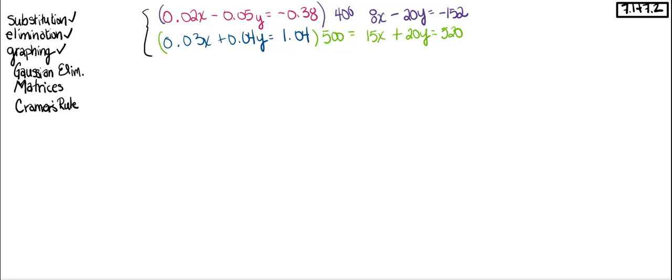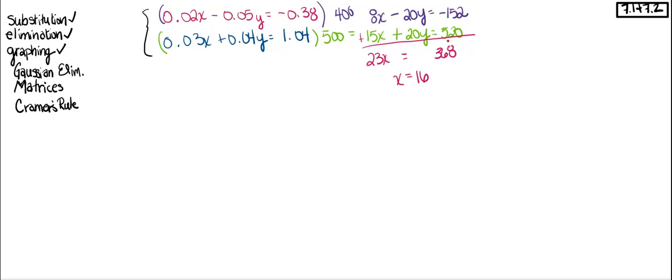Now, if I'm going to go ahead and just solve straight down, then I get 8x plus 15y equals 23x equals 368, because the negative 20y plus positive 20y eliminates each other. And so then when I divide both sides by 23, I get x equals 16.